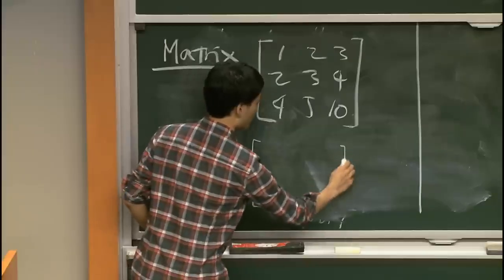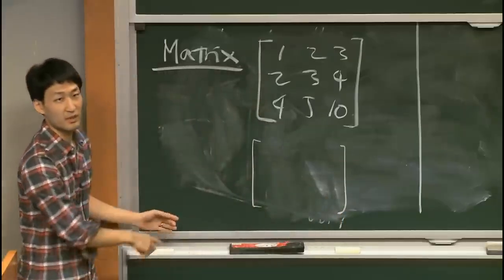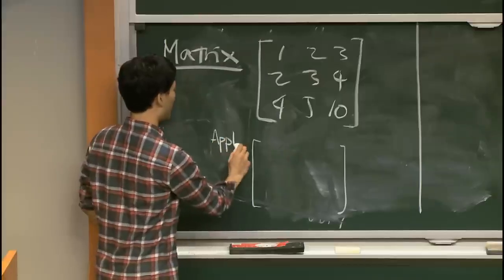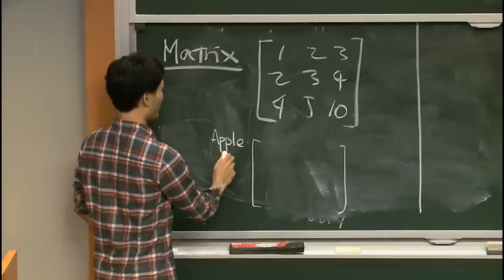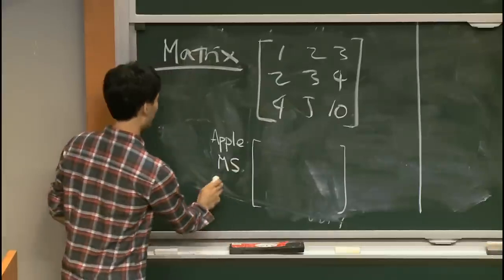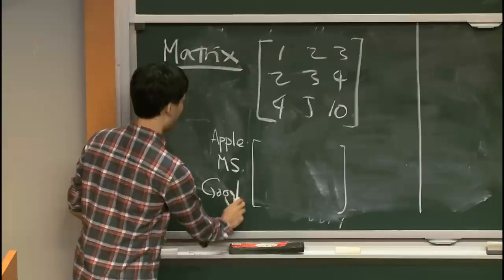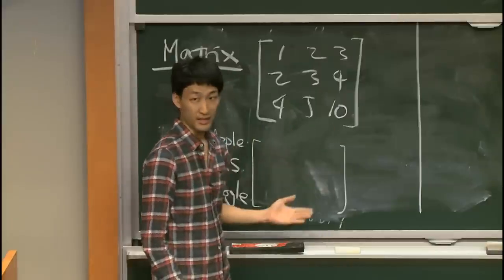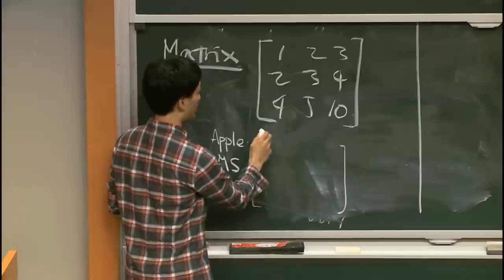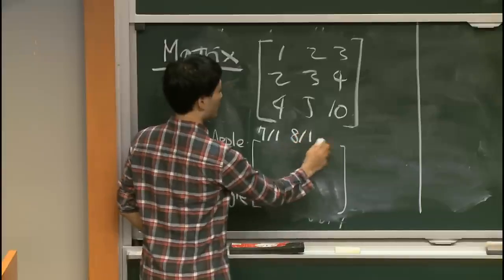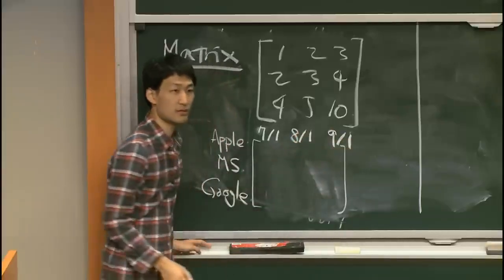For example, we can index the rows by stocks or companies like Apple, Morgan Stanley, and Google. And then maybe we can index the columns by dates, so I'll say July 1st, October 1st, September 1st.